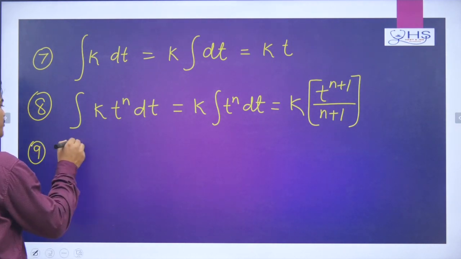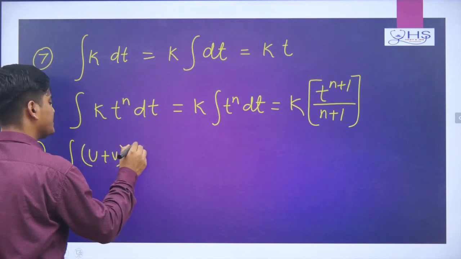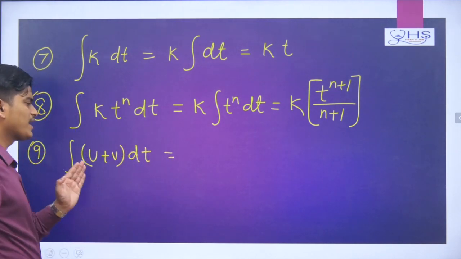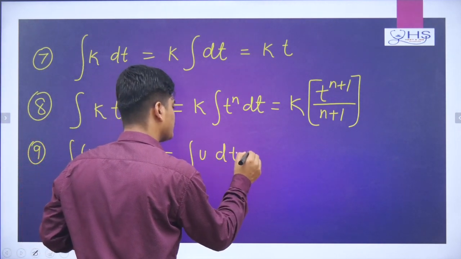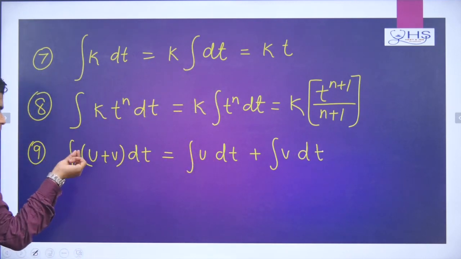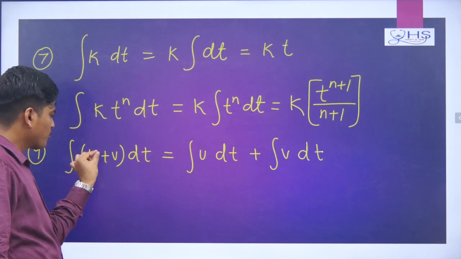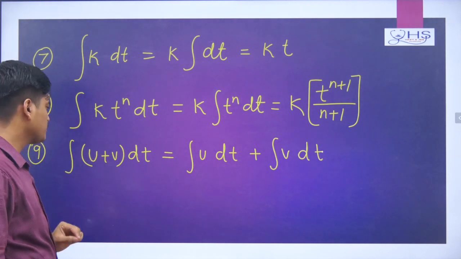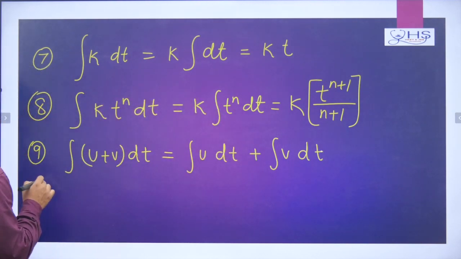Now the ninth formula, remember: if you are finding the integration of u plus v dt, what will I write here? I will write the integration of u dt plus the integration of v dt, just separate. Here, some function is there, it can be a constant also, no issues. Some u plus v, addition is there, so that is why you are separating the two terms and doing individual integration.